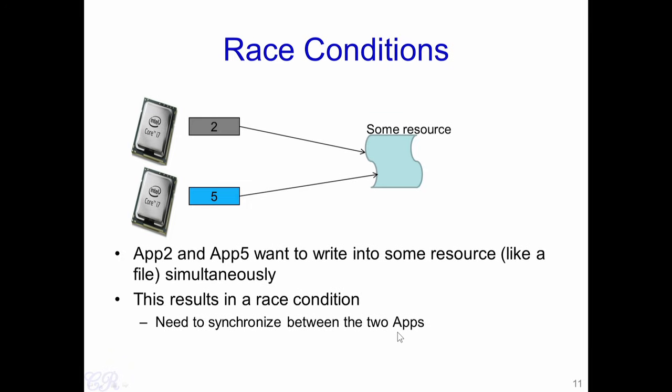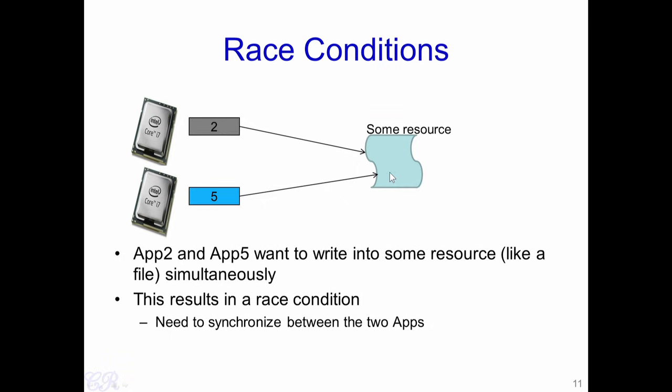So, essentially, in order to avoid such an issue, the operating system needs to synchronize between the two applications. It should ensure that when one process requests a particular resource, like a file stored in the hard disk or the printer, the other application, app 5, will not be given permission to write or access that particular resource. Only when application 2 completes using the resource will application 5 be allowed to use it.